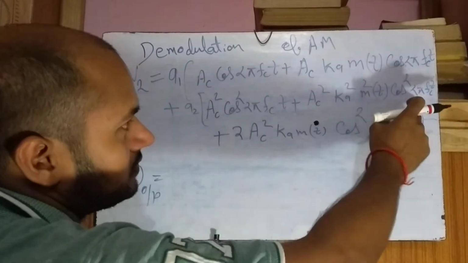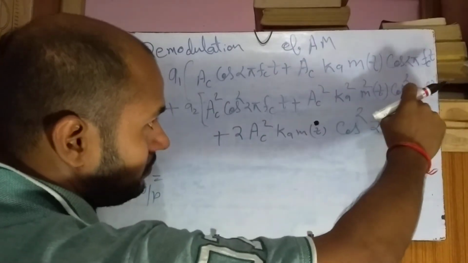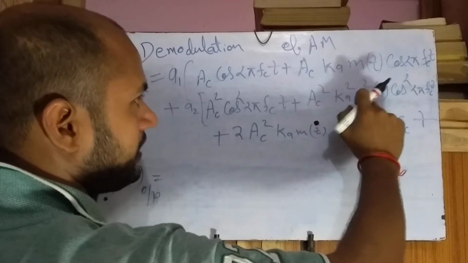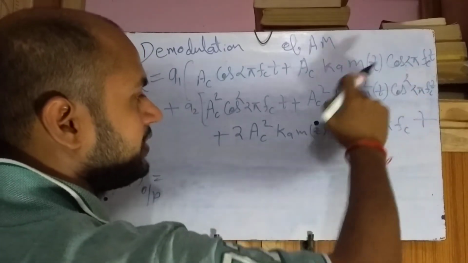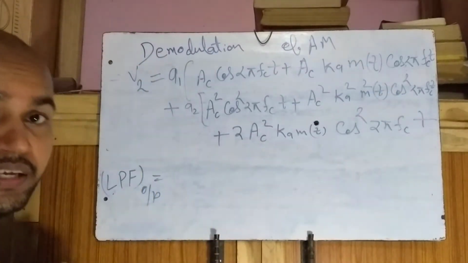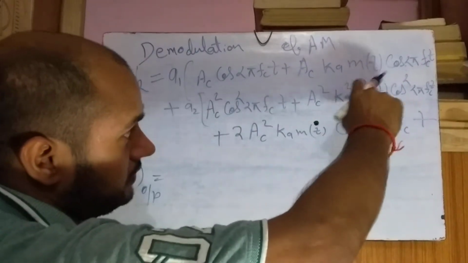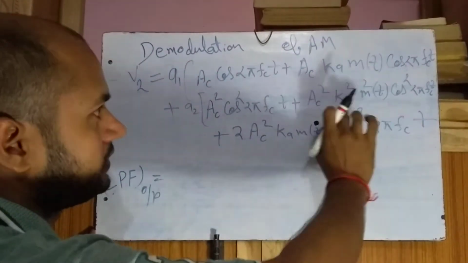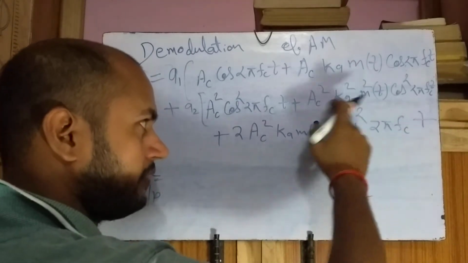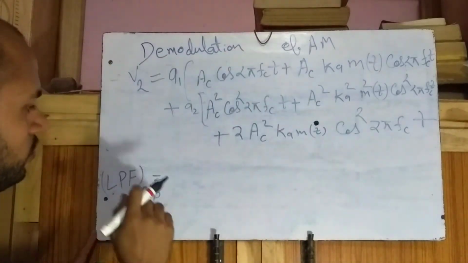Will this pass? Yes. Here there are two terms, one is 1 and the other is 2fc. So 1 will be multiplied by Ac square Ka square m square t by 2, and that will pass through the low pass filter because m square t has the range from 0 to 2 omega. That means it is within the range of the low pass filter. Here again there are two terms, and the one term with 1 by 2 will be multiplied by this and will pass through the low pass filter.